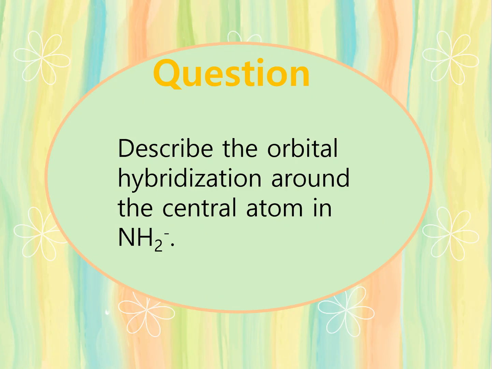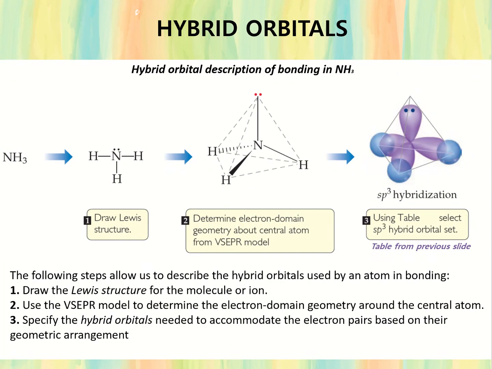All right, that leads us to a question which says, describe the orbital hybridization around the central atom in NH2 minus, right? So what you want to do here is to pause the video and try to answer the question. So firstly, you draw your Lewis structure. The second one, count your electron domains. And then the third one is to specify the hybrid orbitals needed to accommodate the electron pairs.